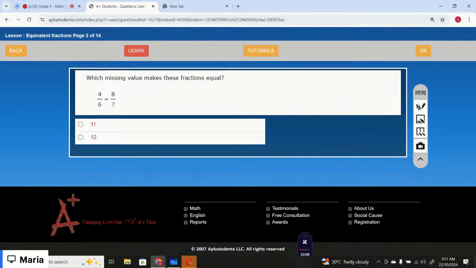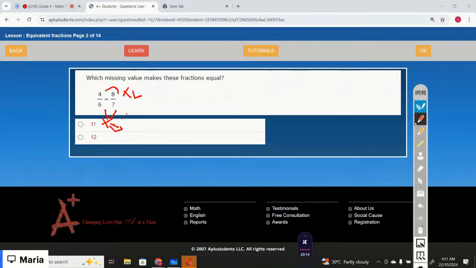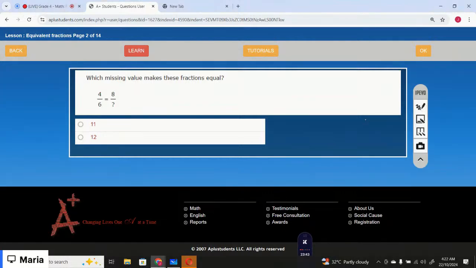Just look at the fractions, right? 4 times 2 is 8, right? Then 6 times 2 is 12. The correct option is 12, right? 4 by 6 and 8 by 12 are equivalent. The correct option is 12.